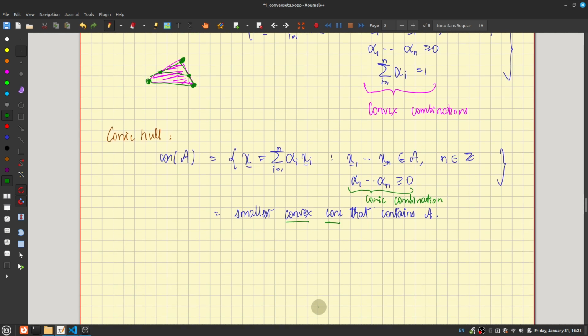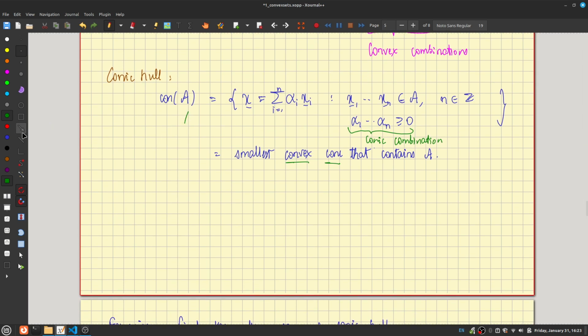So if I take just a single point in, let's say, R2, I'm just going to look at it visually. Then what is the conic hull of this set A?